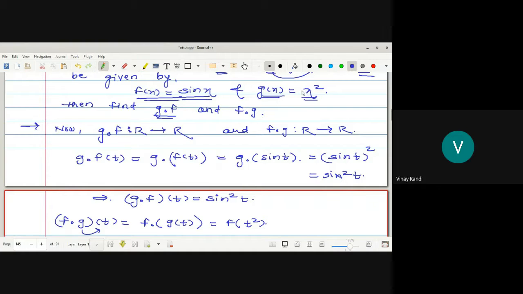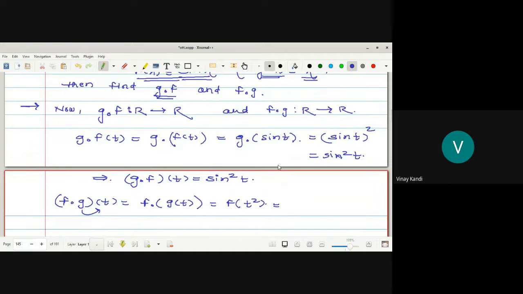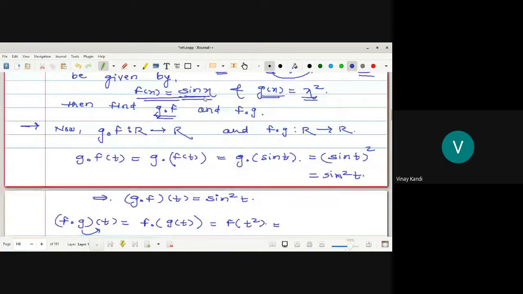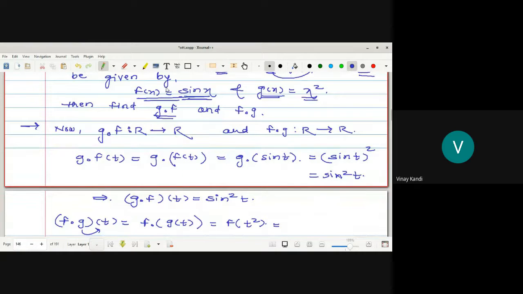So here we get f of T squared. What is f of x? f of x is sin x, so instead of x, put T squared.